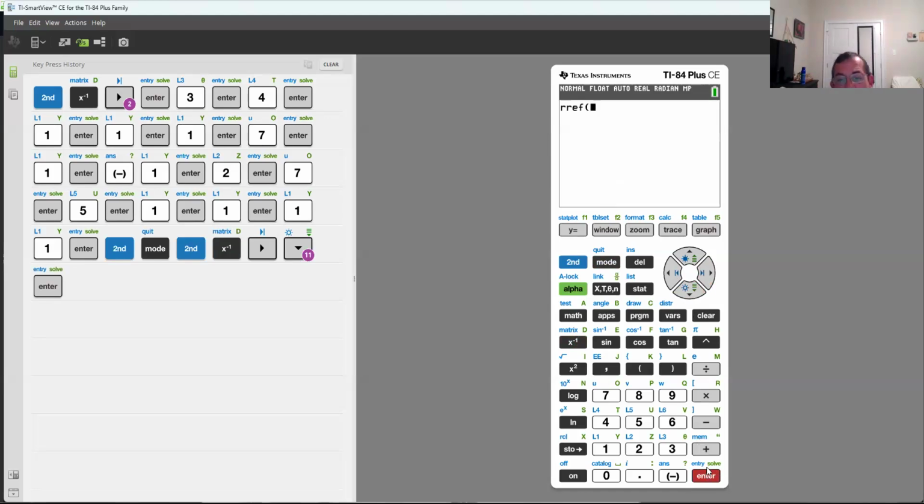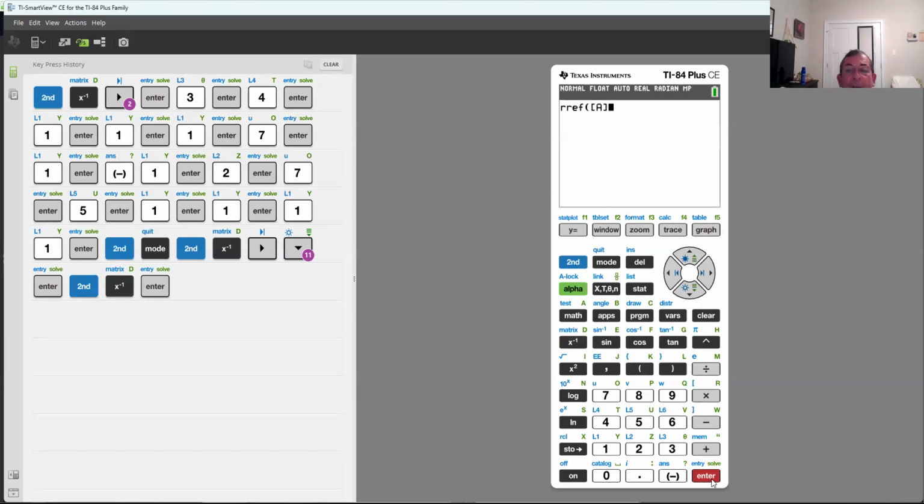So now we got the math operation on the screen. Now we got to go grab that matrix we edited a while ago. So hit second, x negative 1. And y'all, my number 1 is already highlighted with the 3x4 I just did. So I can just hit enter on that.